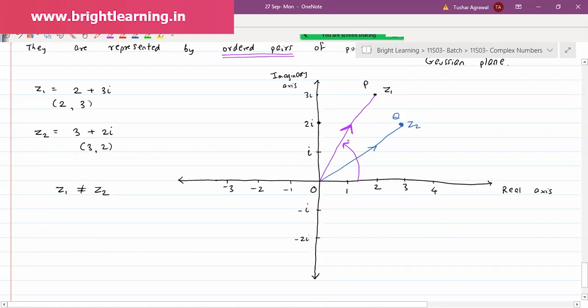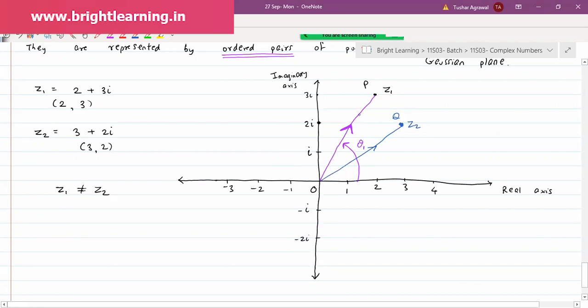The angle that this ray makes with the positive x-axis, we take it for sine, cos, tan, and all those things for defining the trigonometric ratios. Of vectors, I don't think it is needed for this theta. Now this angle is called the argument of this complex number z1. So you can just write it to be equal to theta 1.